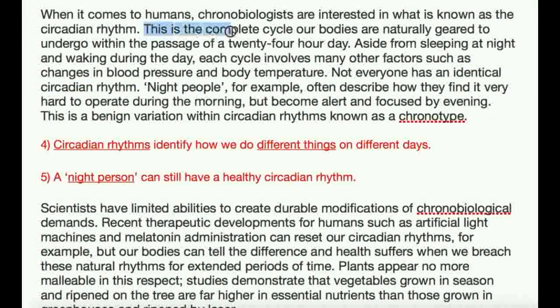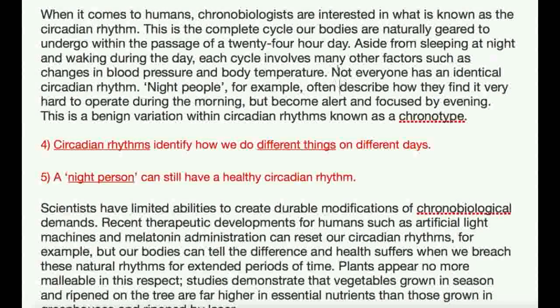So the answer is in this part here, which is the definition. So it's a complete cycle our bodies are naturally geared to undergo within the passage of a 24-hour day. However, this is not the same as what we have here. Circadian rhythms identify how we do different things on different days. It's not about doing different things on different days.